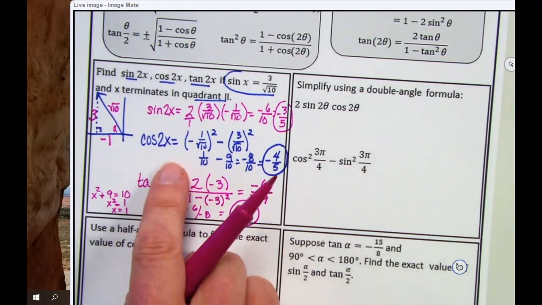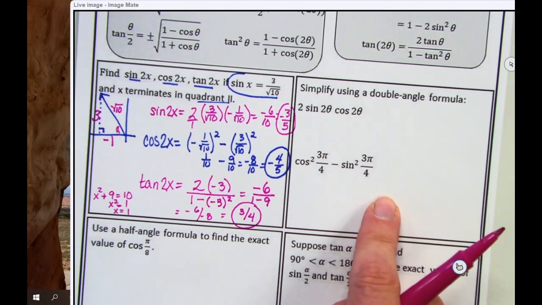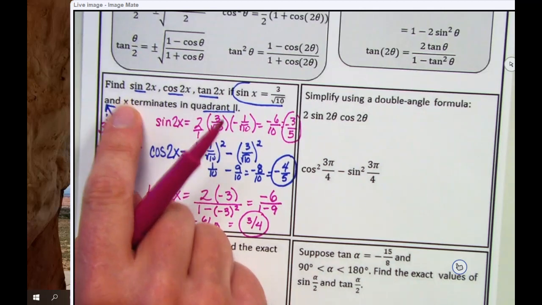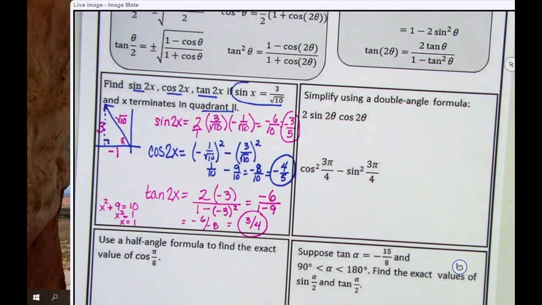So this is type 1 of what you'll see on your homework, and this is type 2. Here we were to find the value. Over here, it's simplify. And remember, whenever we see simplify, we're just trying to take something that's kind of big and make it smaller. That's all we're trying to do.